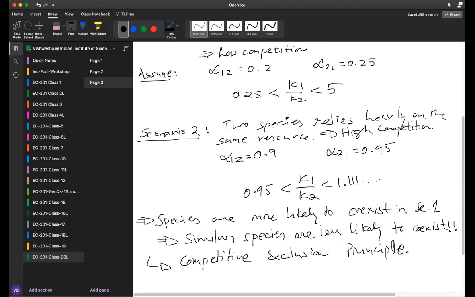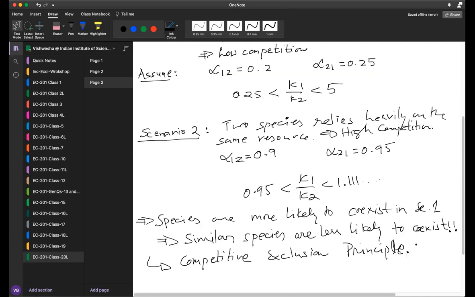So this is a very important principle in ecology, because this raises a very important question. If similar species are very less likely to coexist, so what makes the existence of such huge biodiversity possible, right? So one obvious hypothesis is, just invert this. Most species are very dissimilar.